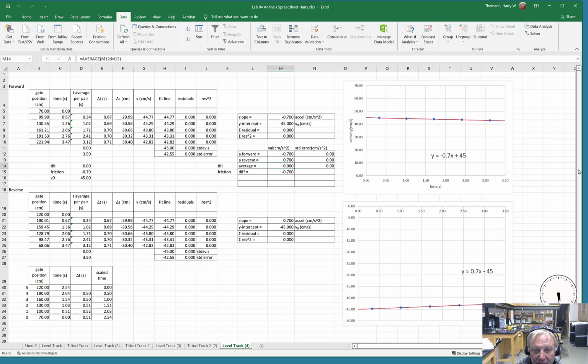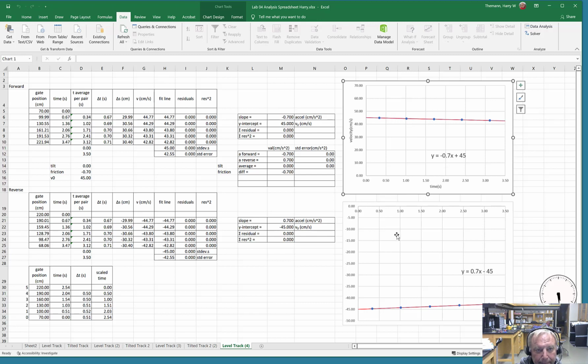And again, the upper graph has an initial velocity of plus 45. The lower graph has an initial velocity of negative 45. So the upper graph, if it's a positive velocity and it's slowing down, that means it's a negative slope.